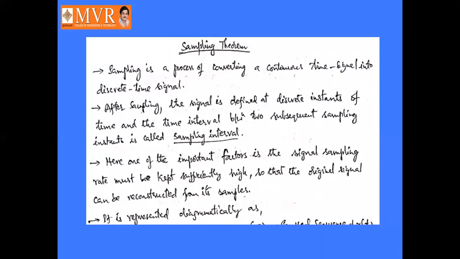After sampling, the signal is defined at discrete instances of time, and the time interval between two subsequent sampling instances is called the sampling interval. The sampling interval is a very small value compared to the time period of the continuous time signal.